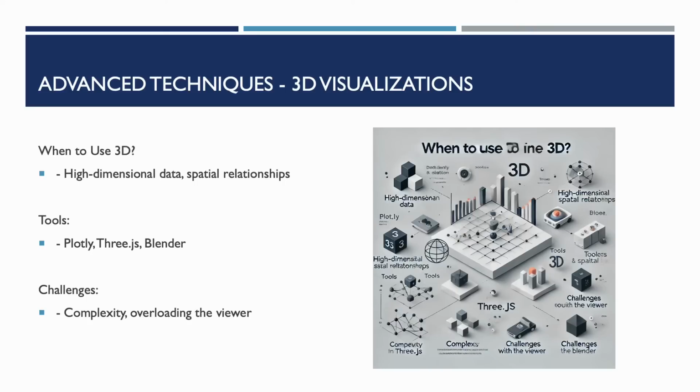It can sometimes be difficult for users to interpret depth and spatial relationships accurately, especially when viewing data from a fixed angle. If you see this picture, it's looking very good for developers or scientists who are doing research or doing the work.